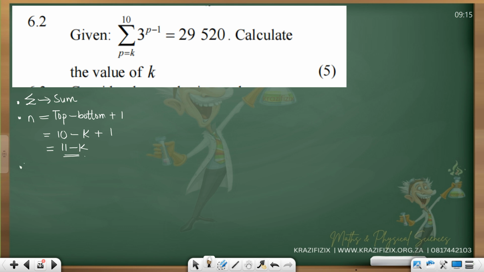Number 3. What type of pattern? I told you when you see an exponent, quickly think of geometric first. Okay, let's see. What is our T1? Our T1 is 3 to the power k, instead of P now it's k.